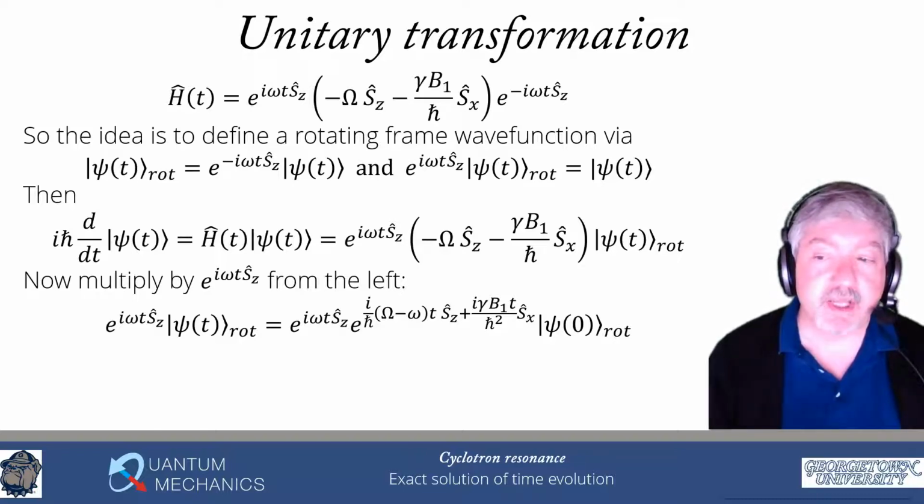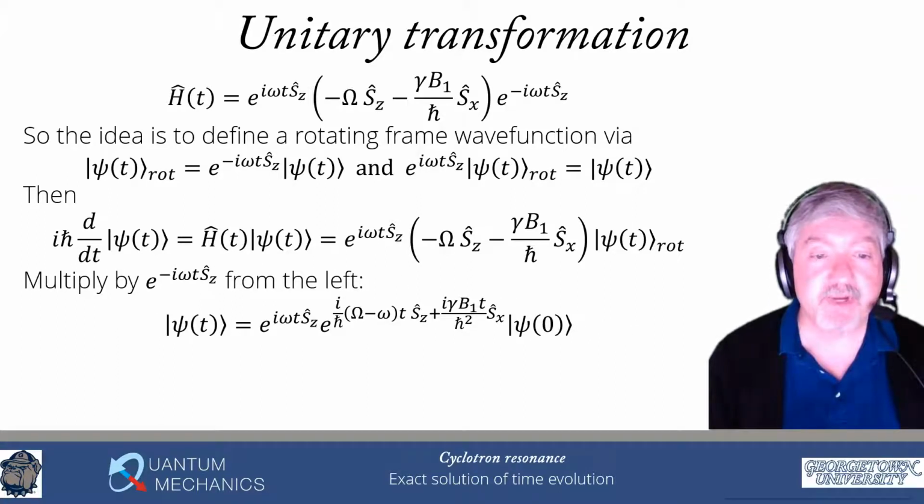And we're going to now replace that psi rotating by psi in the lab frame, e to the i omega t sz. That is psi in the lab frame. So I'm going to get psi in the lab frame is e to the i omega t sz, e to the i over h bar, big omega minus little omega t sz plus i gamma b1 t over h bar squared sx, all acting on the initial psi of 0 in the lab frame.